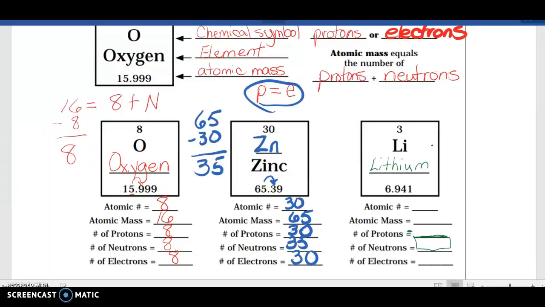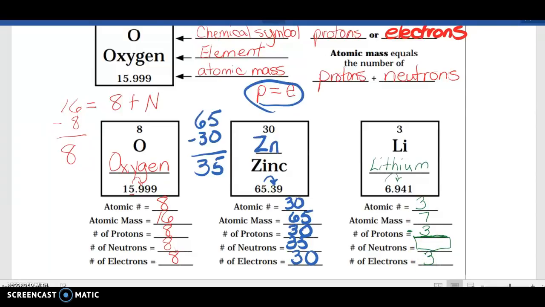Okay, its atomic number, again, is 3. The atomic mass, we're going to round to 7. All right. The atomic number tells us the number of protons and electrons.